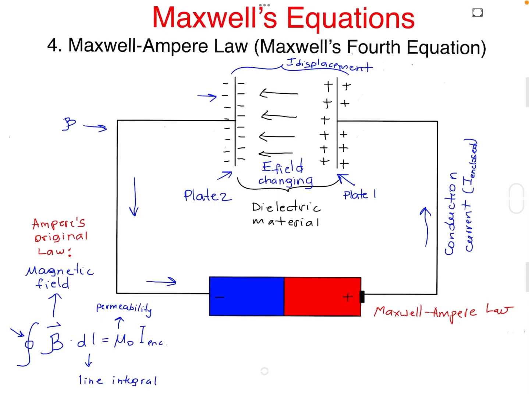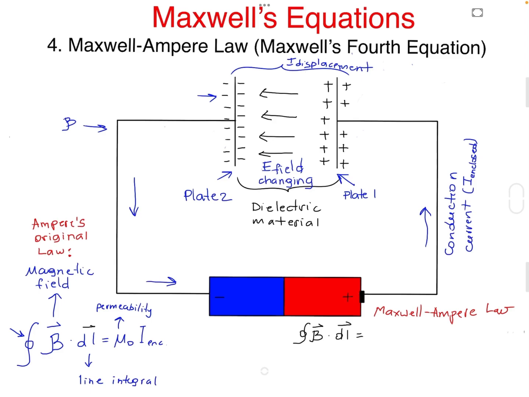So we're going to write it as the integral, again over the closed loop. So it's closed. Even though we have a capacitor, it's still a closed loop, there is no gap there. We still have the magnetic field vector B times dl, again a vector.